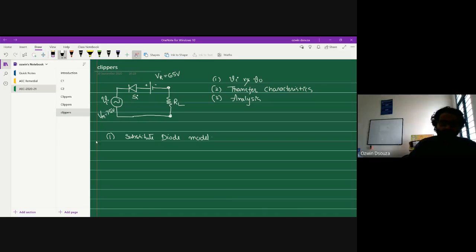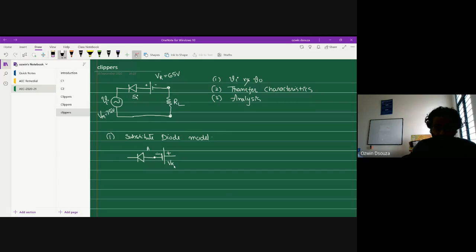Okay. First of all, you have to substitute the diode model. So when you substitute the diode model, what do you get? Ideal diode symbol. And then the barrier potential you are supposed to place in such a way that it opposes the diode conduction. So here is my anode terminal. If I place the negative terminal here, the diode will be maintained in reverse bias condition with this barrier potential.